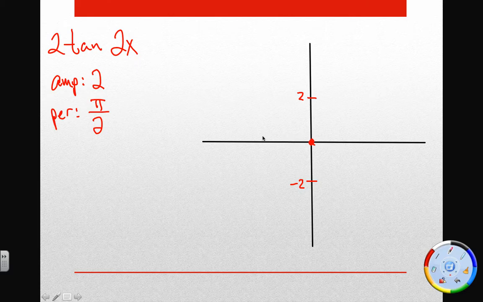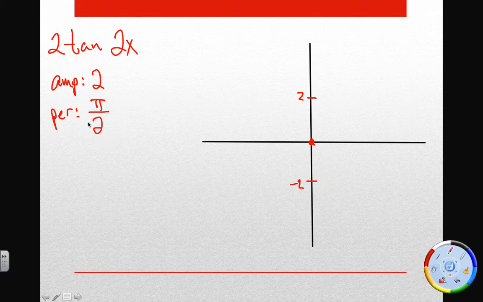Well, for tangent, from this center line, you need to go in this direction a period over 2. So you need to go half of your period to the right and half of your period to the left of this point. Well, that's pretty simple, I think. Half of my period.